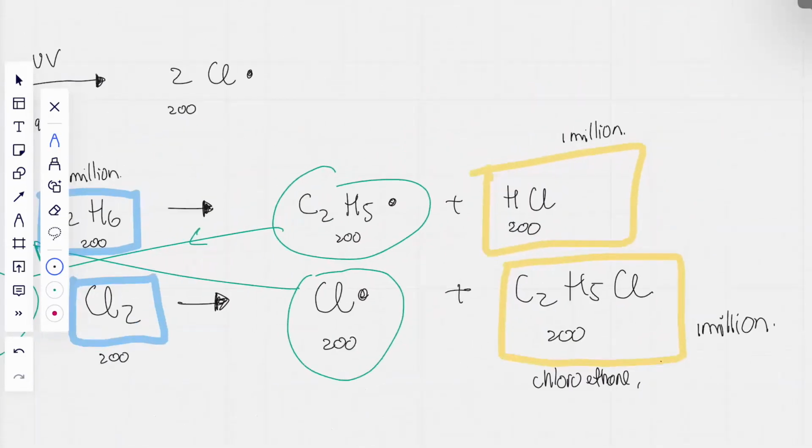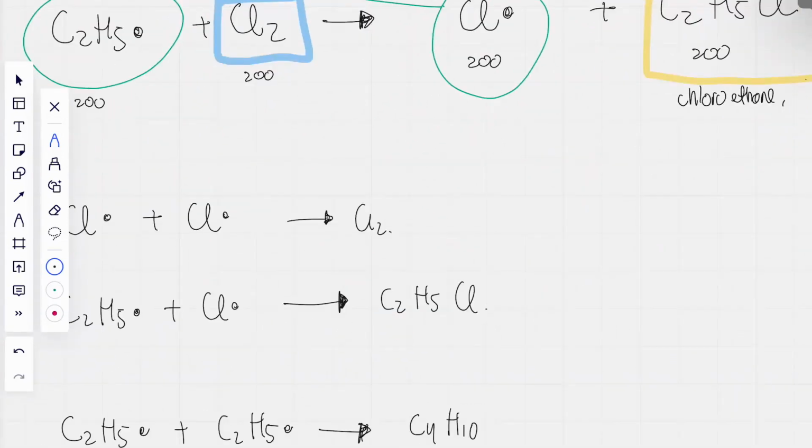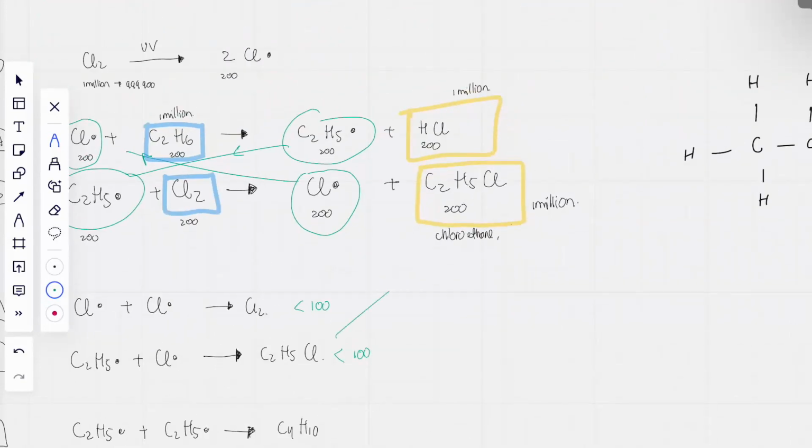So you get almost 1 million HCl and almost 1 million chloroethane. You get very little, a small amount. Is it going to be 100? Less than 100. This one also less than 100, but it's the same as this one.